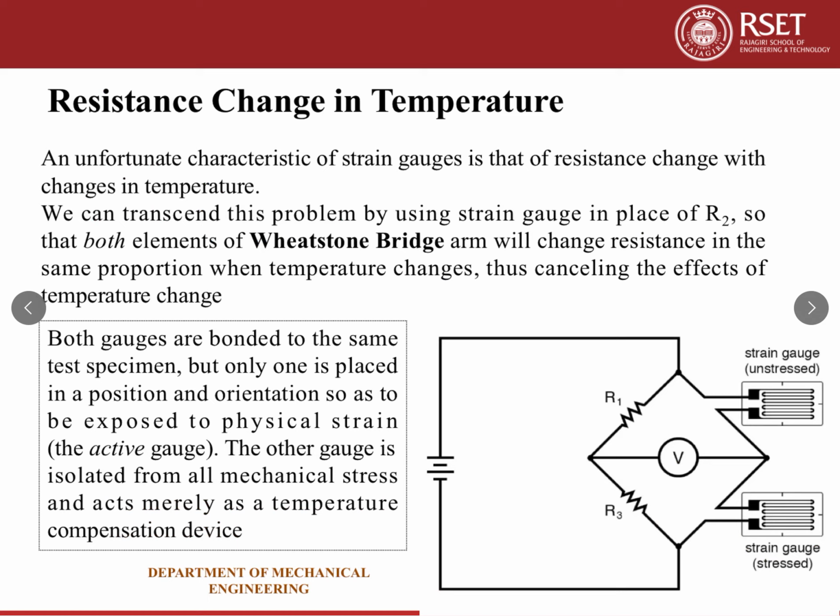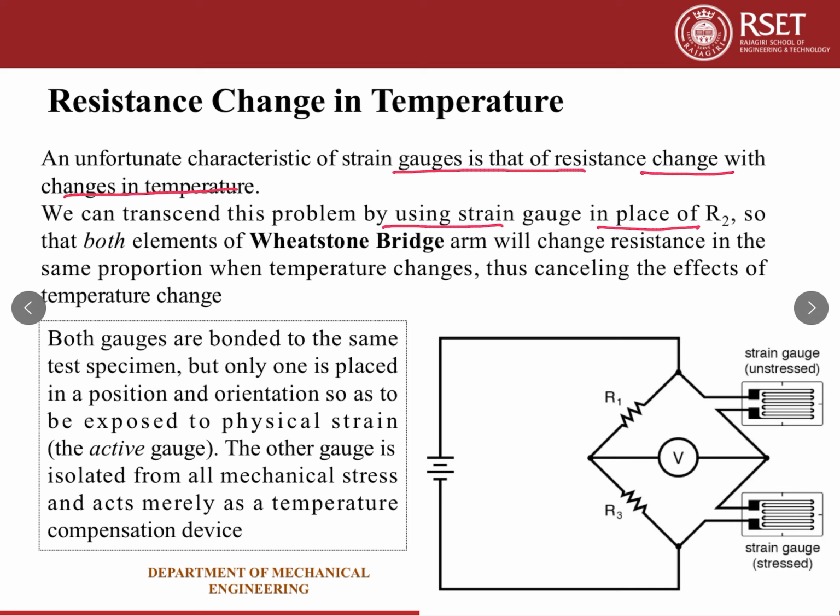Resistance change with temperature. Temperature has some effect on the strain gauge resistance, so we are going to study how to tackle that. An unfortunate characteristic of a strain gauge is that its resistance changes with the change in temperature. We can overcome this problem by using a strain gauge in the place of R2.